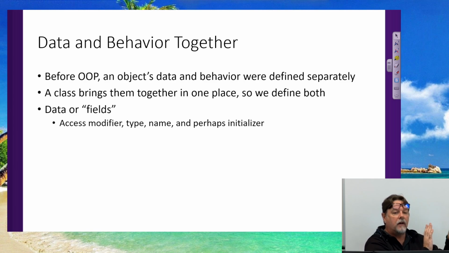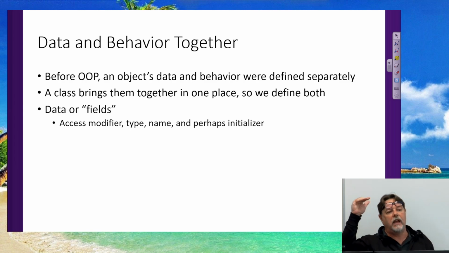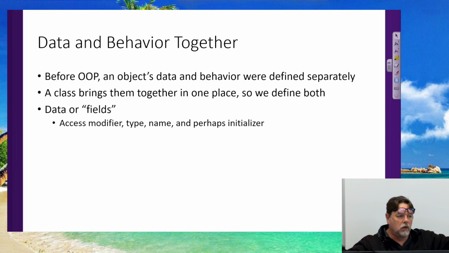But then if you wanted to have code that acted on that object, you had to write that code someplace else. And it wasn't always easy to say, let's say I'm going to change the address field to street, city, state, zip. You're going to split those up. Sometimes it would be very difficult to track down all of the code in your program or system of programs that references that address data so that you caught them all.